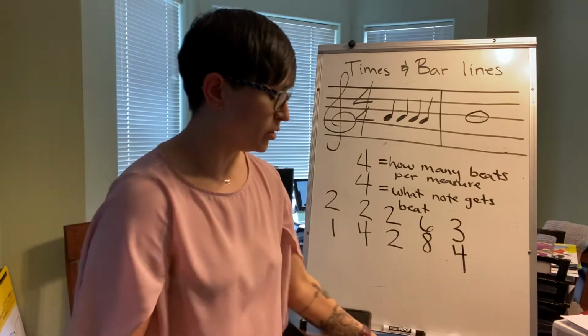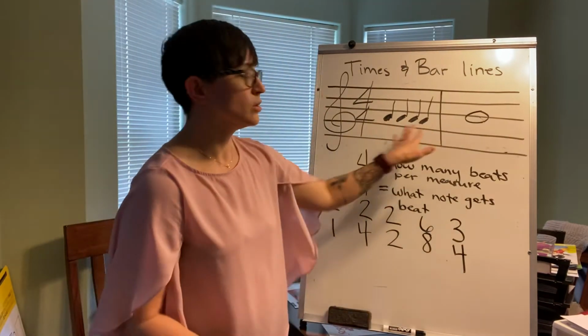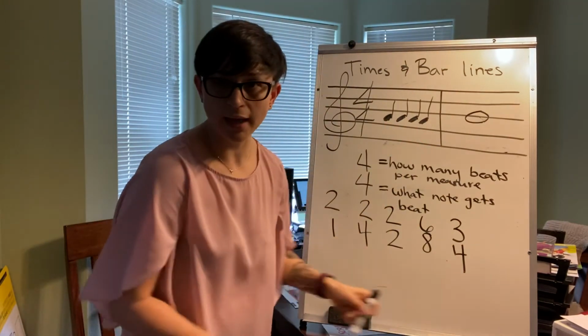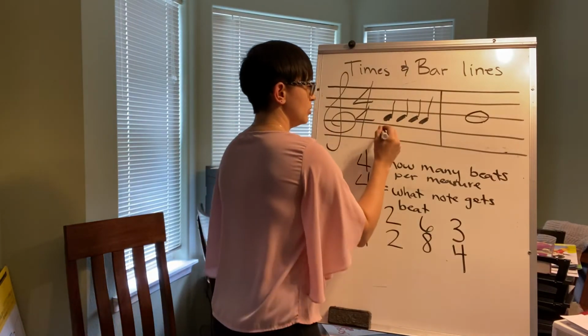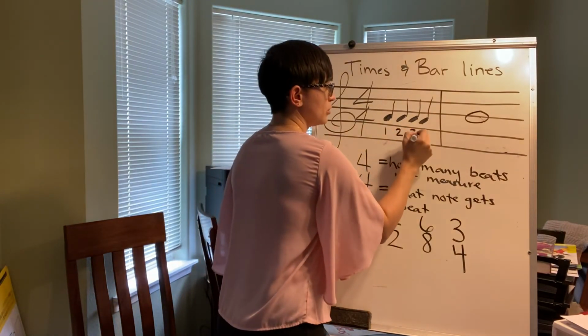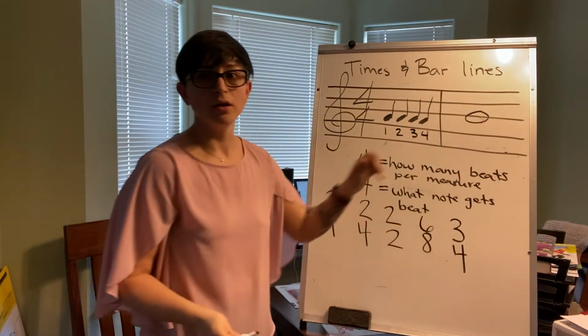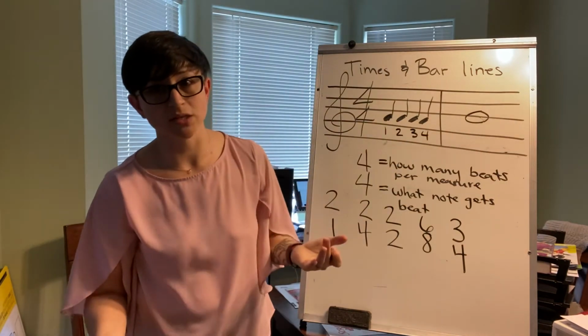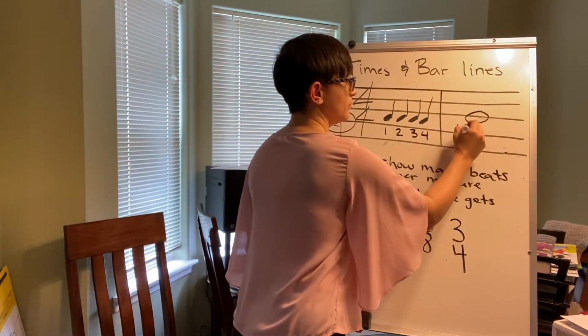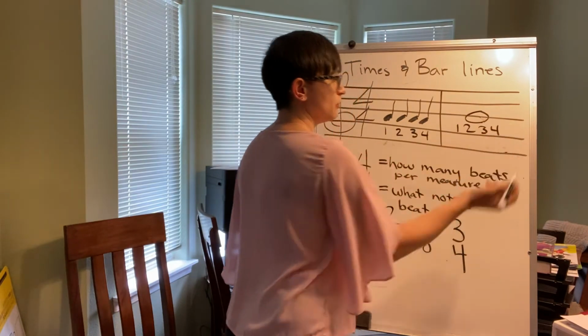So for example, underneath the quarter notes, you would count 1, 2, 3, 4. Same thing with the whole note though, because it gets 4 counts, right? 1, 2, 3, 4.